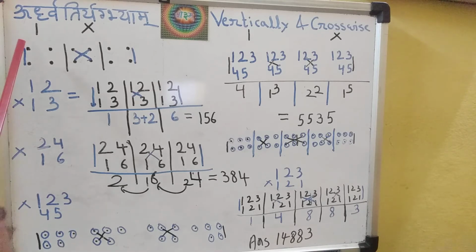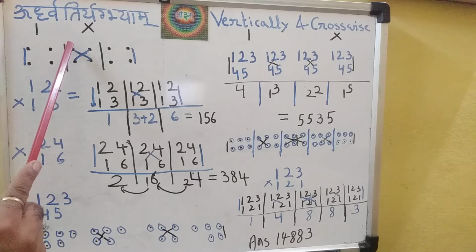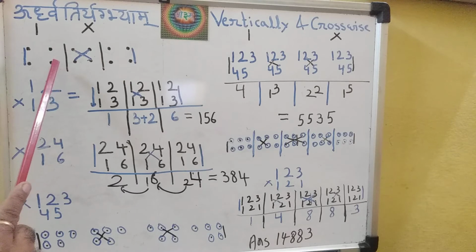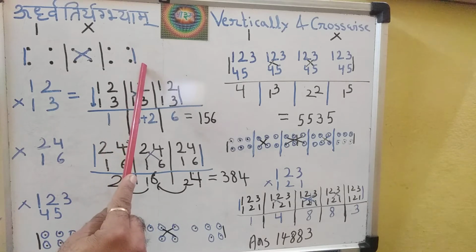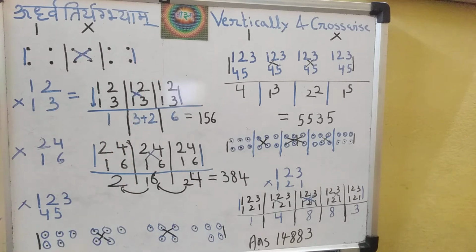First we multiply vertically the tens place digits. Then we multiply crosswise and the partial products are added. Then we multiply the ones place digits vertically.